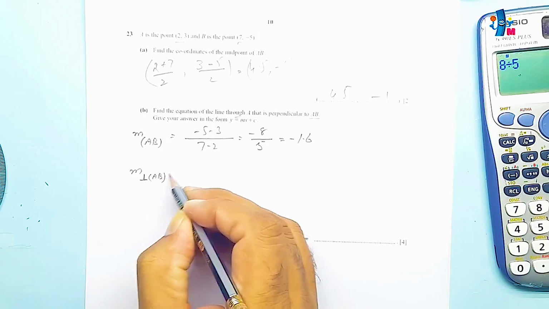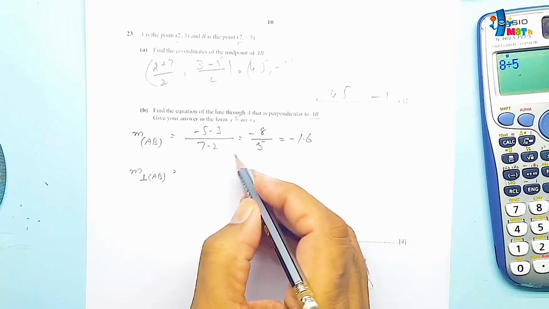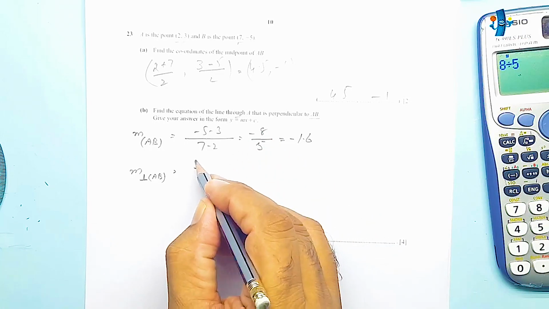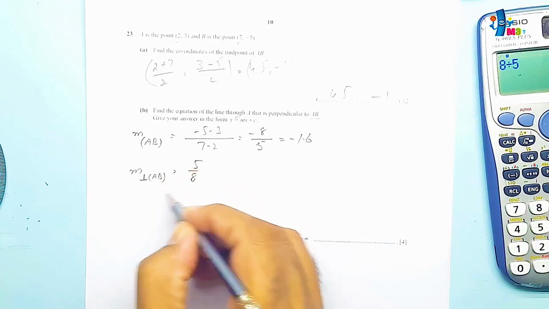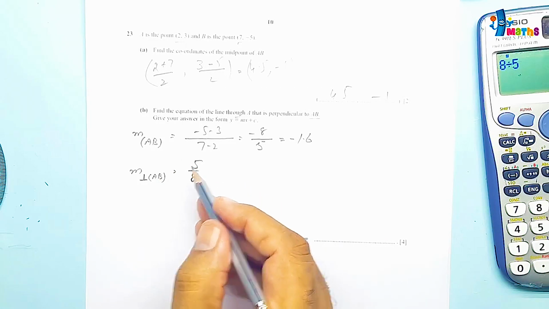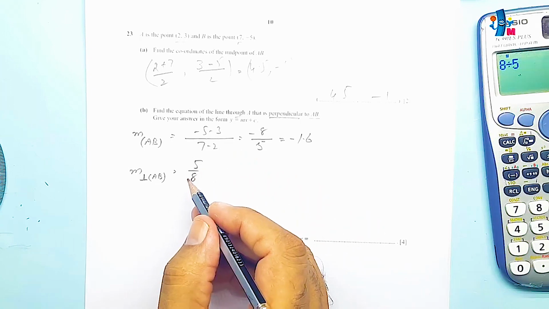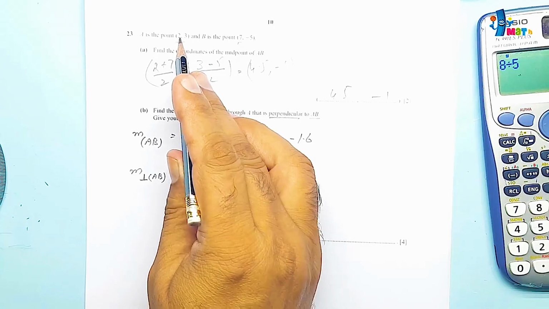Perpendicular to AB will be the reciprocal with the sign changed, so it will be 5 by 8. I'm taking this gradient because they are saying the line is perpendicular to AB, and passing through this point.